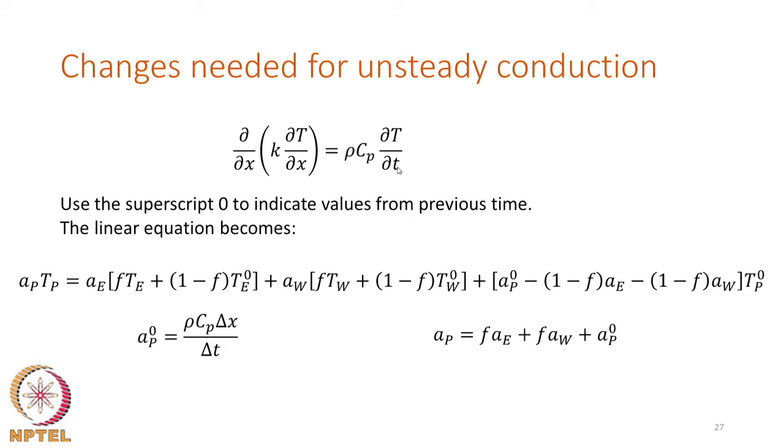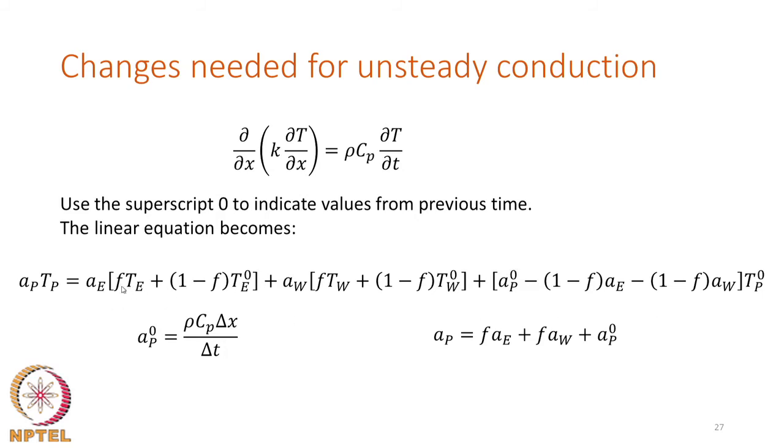You have a temporal variation, which means that you now have the temperatures stored at different time steps, and at time t equal to 0, we have the initial condition stored, and the previous time step values are all given with 0 as the superscript so that we can identify them. Essentially, you have the same kind of discretization that is going to be applicable, and when you do that and gather the terms, this is how the equation would look.